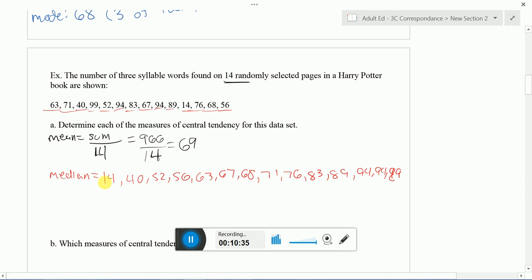Now again, you should count them: 1, 2, 3, 4, 5, 6, 7, 10, 11, 12, 13, 14.